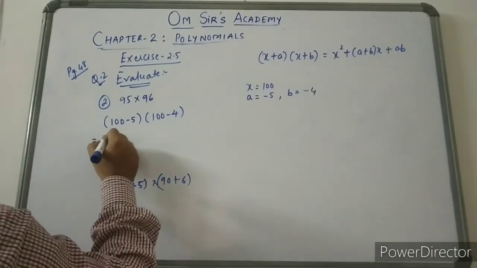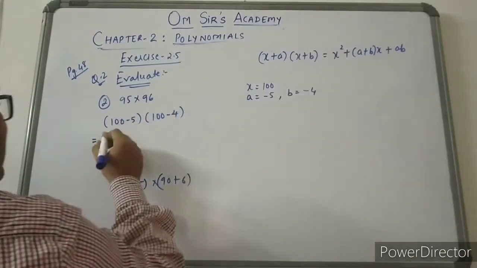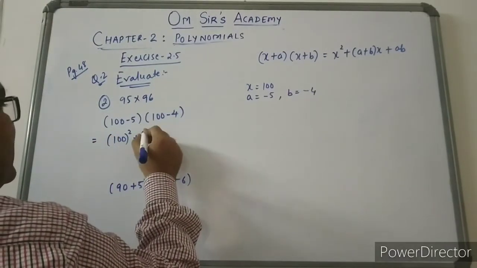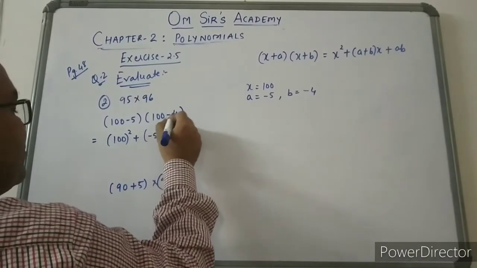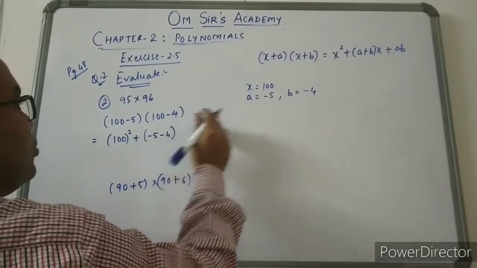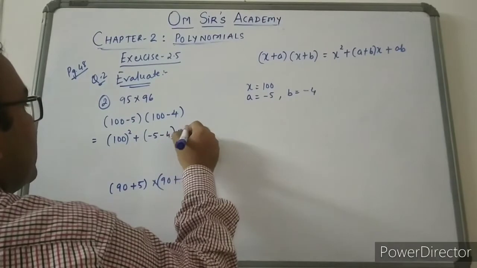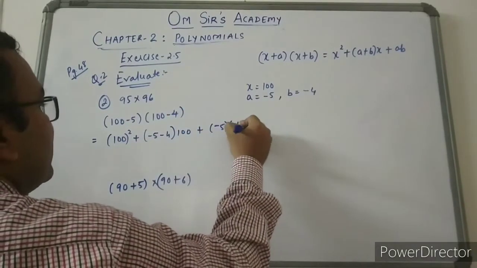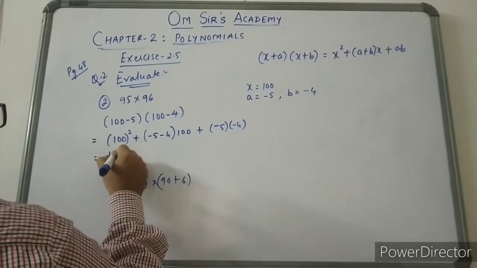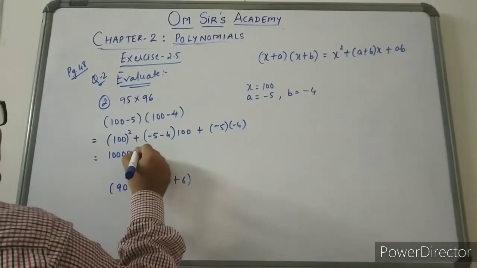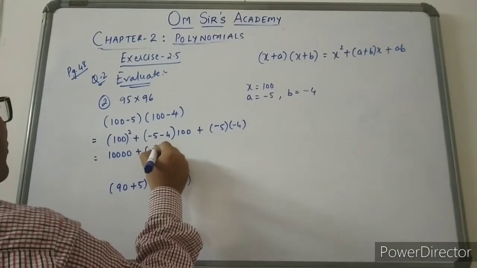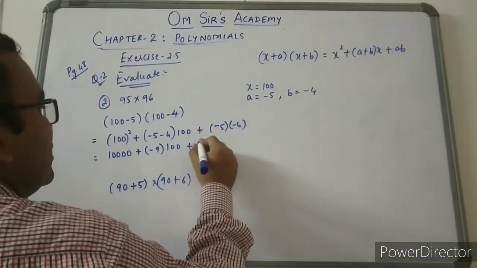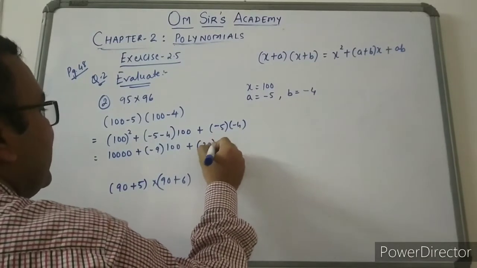So it will be what? x square, that is 100 square, plus (a plus b), that is minus 5 plus minus 4, into x, that is 100, plus ab, that is minus 5 into minus 4. So it will be 10,000, 100 square will be 10,000, plus minus 5 minus 4 is minus 9 into 100, plus, minus minus will become plus, 5 4s are 20.